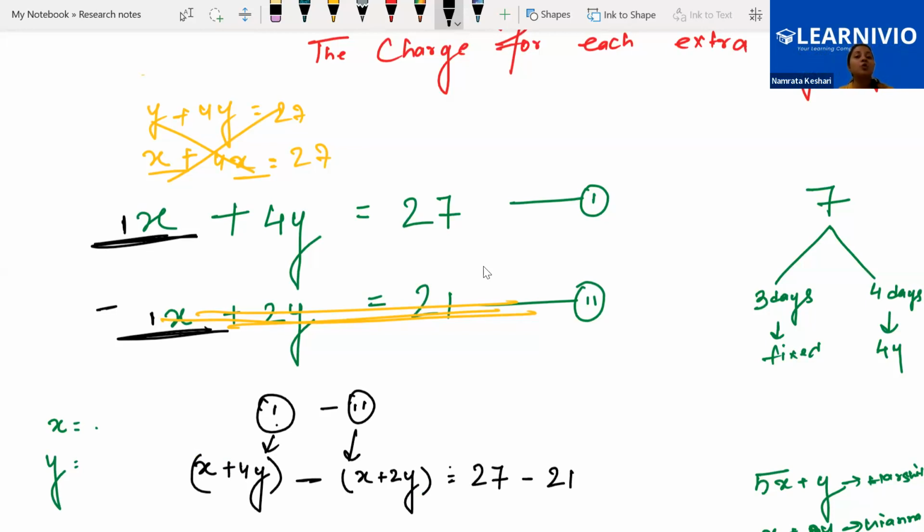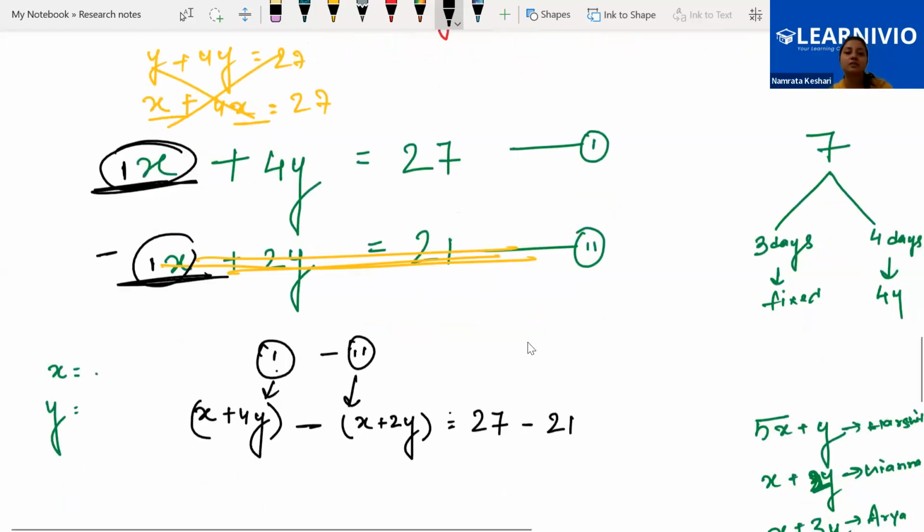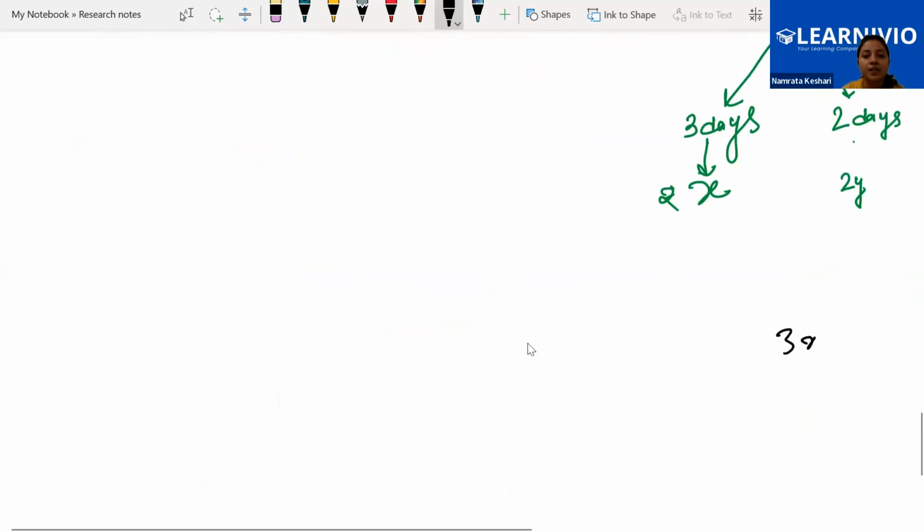As I am saying, we are going to subtract it. Here can you see the sign is exactly the same. First thing first, the coefficient has to be the same. Next thing, if the sign is the same, then we have to subtract it. Suppose I am giving you 3x and 3x and telling you to make it 0. Then you can say we subtract 3x minus 3x, and it will become 0.